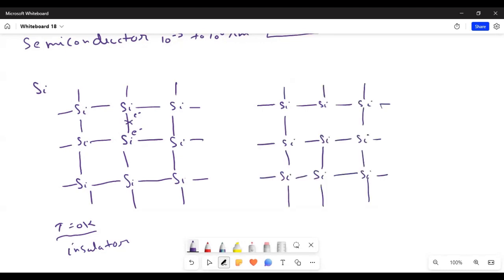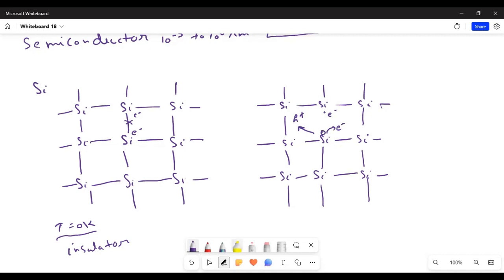This bond is broken and this bond is broken. Now this electron is still here, and this electron is now free. It broke the bond and now it's free, leaving behind an empty space. This is called a hole, and we represent it as a plus, a positive charge.